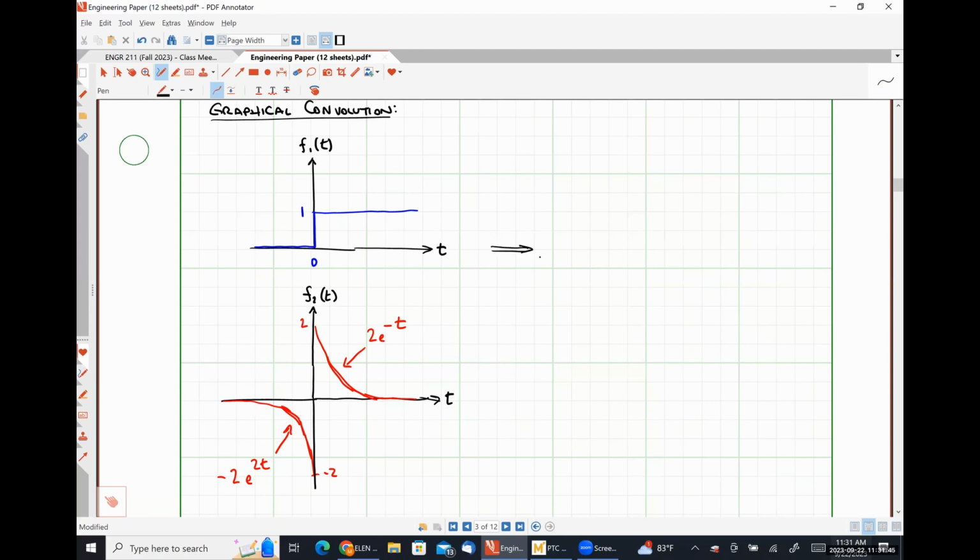So f1 of tau is just going to look like the exact same thing.